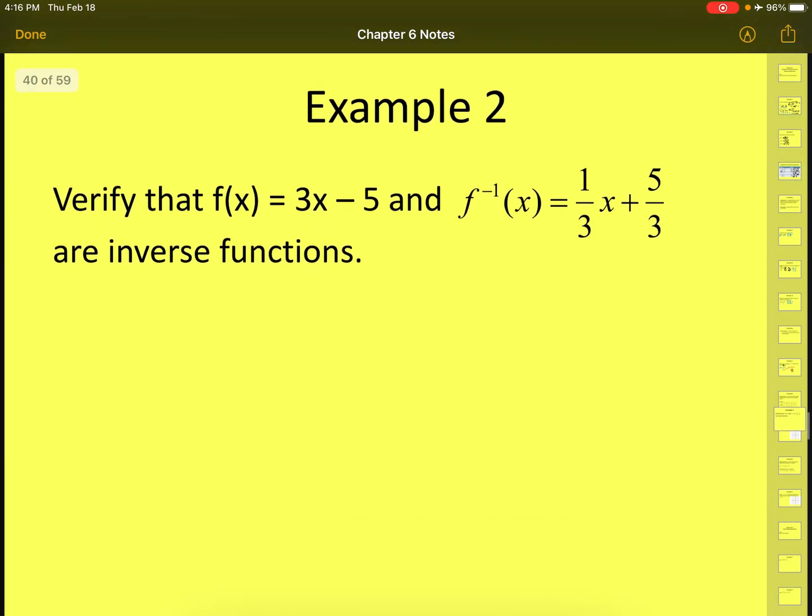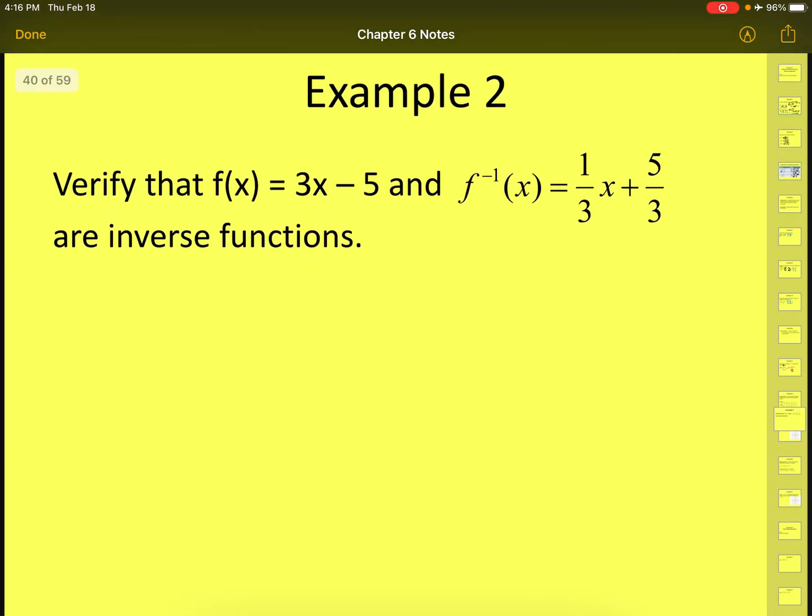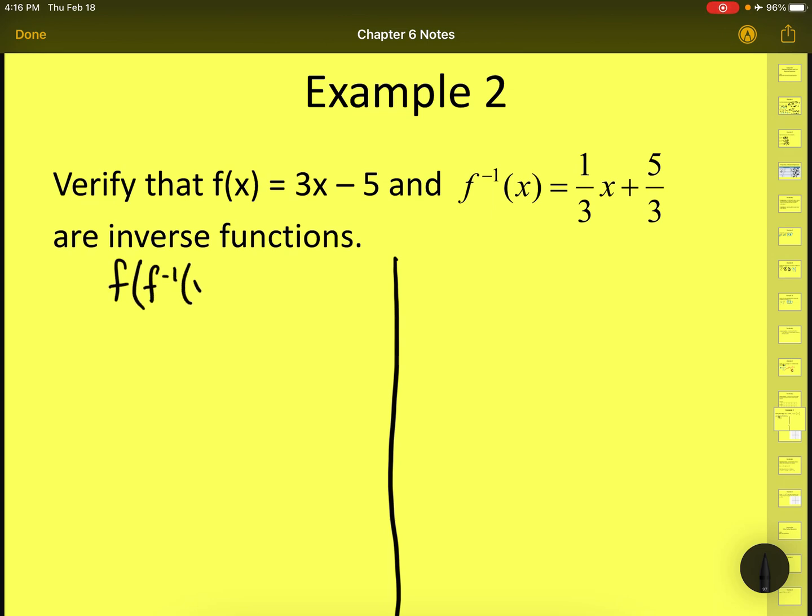So in example 2, let's verify that these two functions, f of x and f inverse of x, are both inverse functions. In order to be true inverses, when plugged inside the other one, they have to get back x.